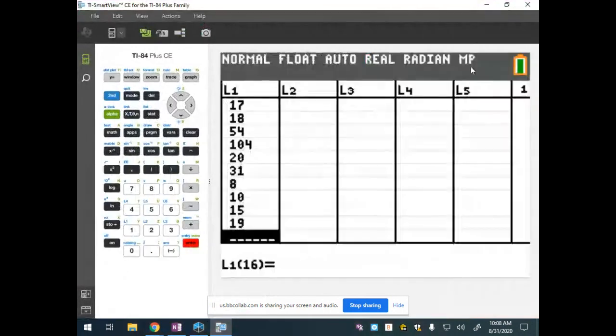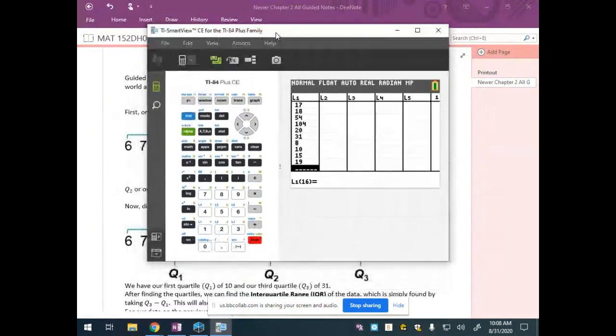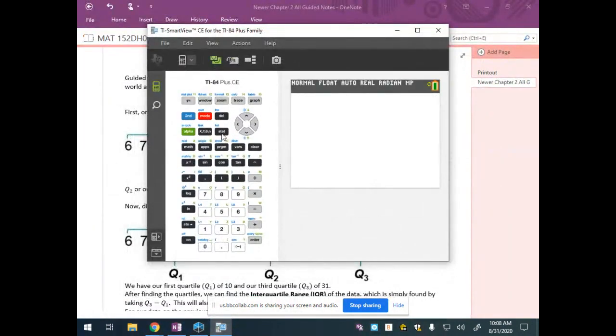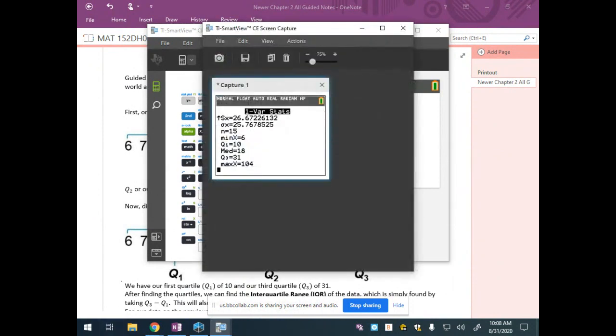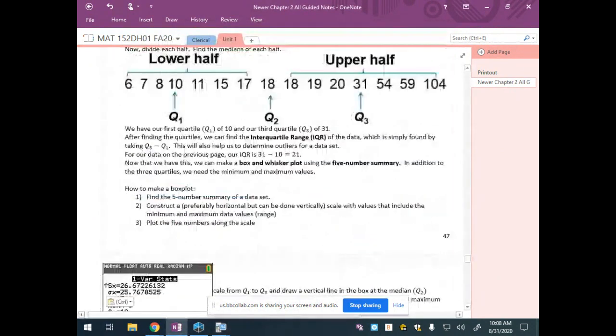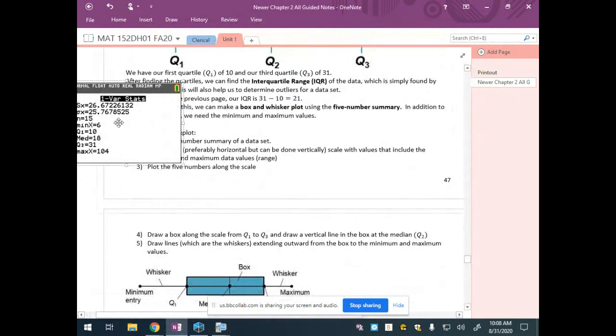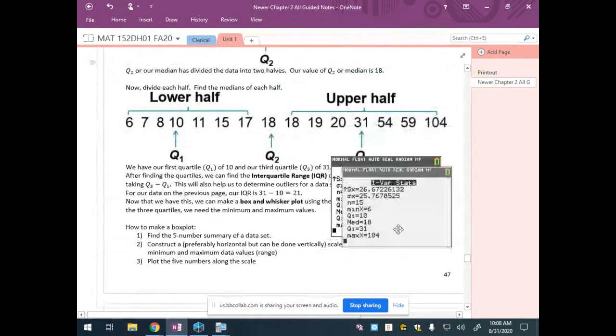Now, in order to find all that, let's quit out of here and go to Stat and choose 1-Var Stats for list 1. And then we calculate and we scroll down. Now, I'm going to copy this calculator screen over.